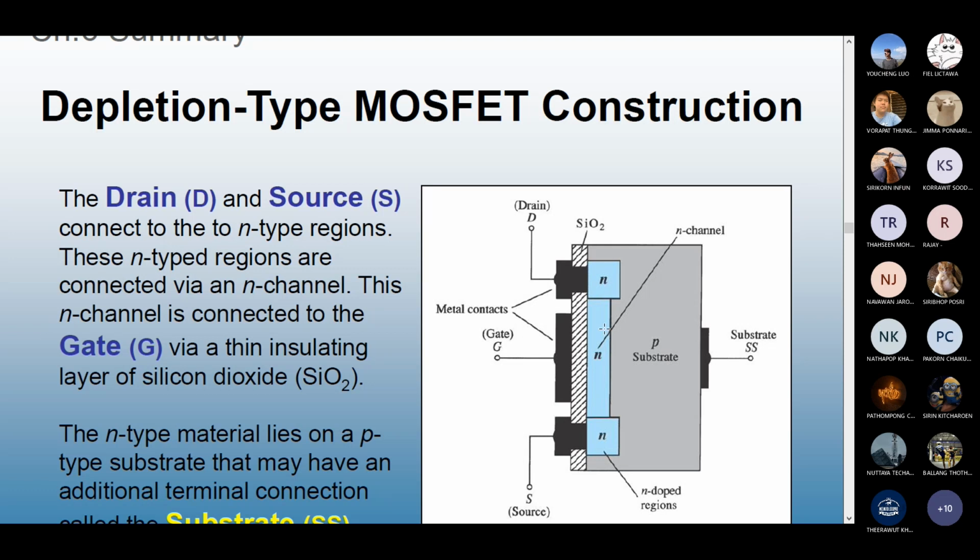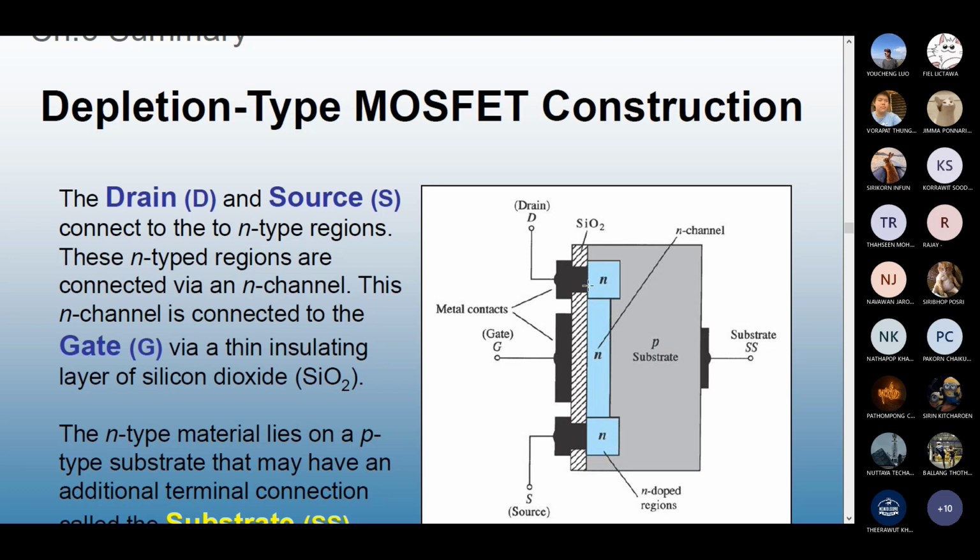That's the N channel, same type of material. Between the dark black ohmic contact and the body of the MOSFET, there is a shaded area. You see, looks like a zebra pattern. This is a thin insulating layer of silicon dioxide.